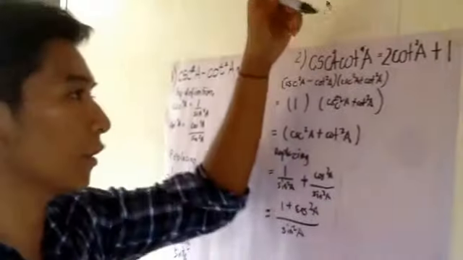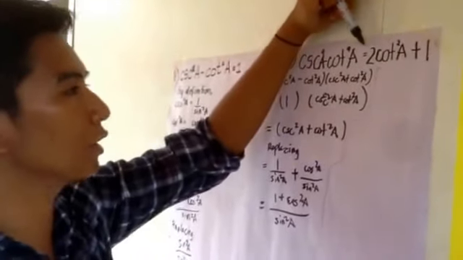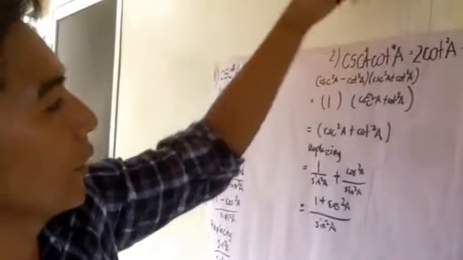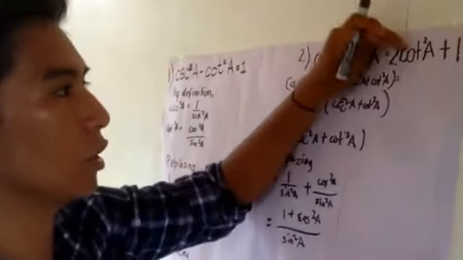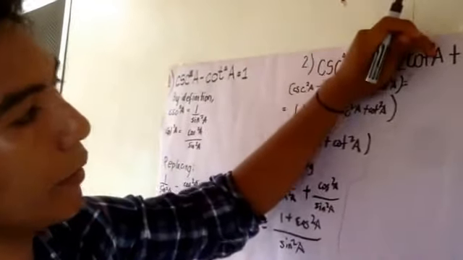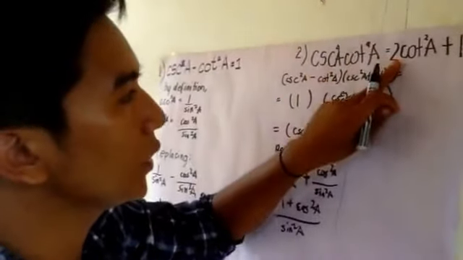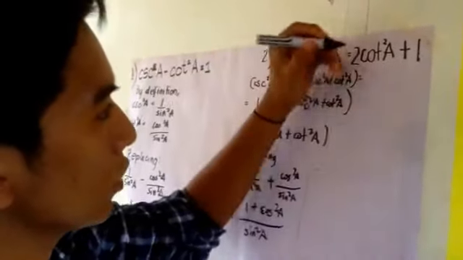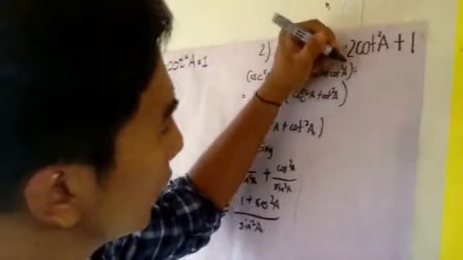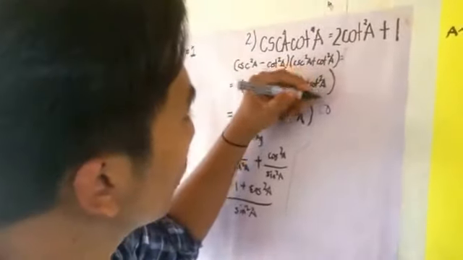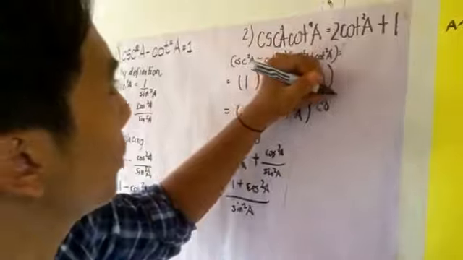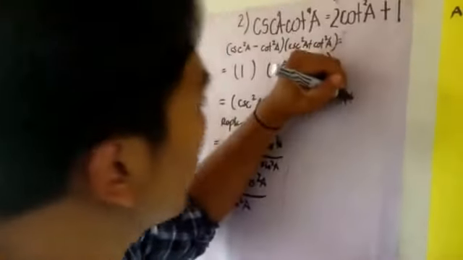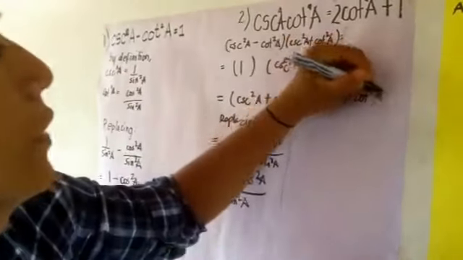Now, we solve for the second expression, which is 2 cot squared A plus 1. We factor out 2 cot squared A into cot squared A plus cot squared A. So, cot squared A plus cot squared A plus 1.